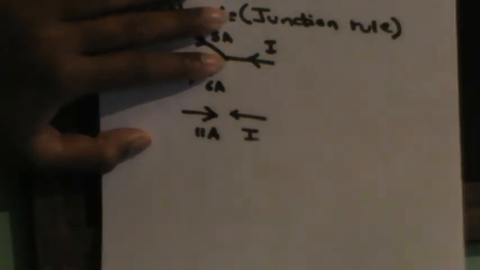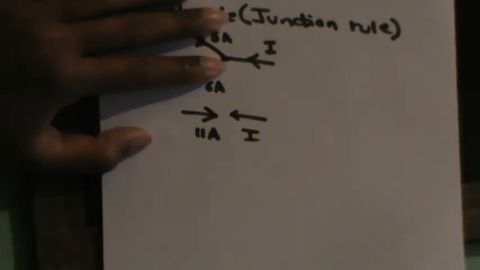When calculating, in some instances we take the current going in one direction to be positive and the other direction to be negative, and the voltage to be positive and negative according to the laws. But you should not confuse that current and voltages are not vectors, right? They are not vectors, but we normally take a sign configuration in order to find the solutions. That doesn't mean that these are vectors.